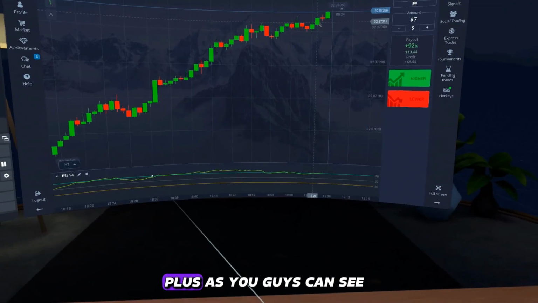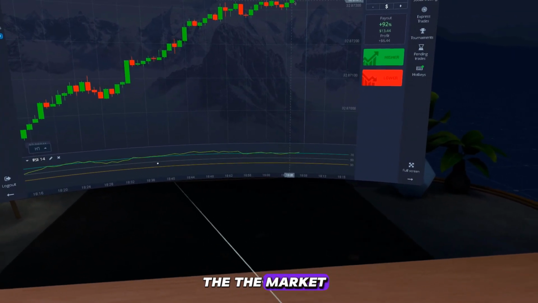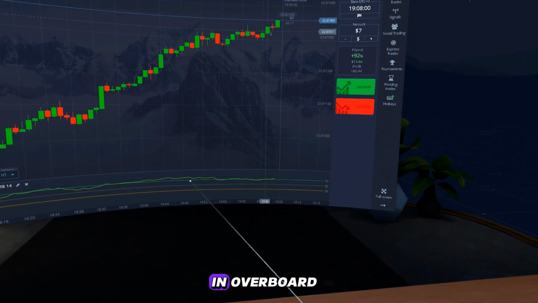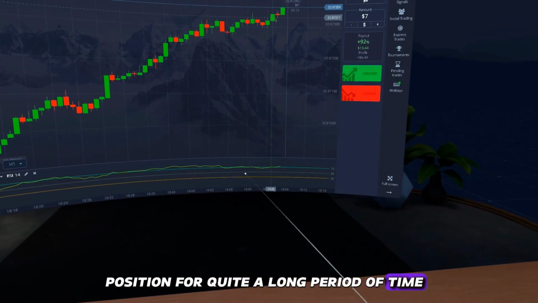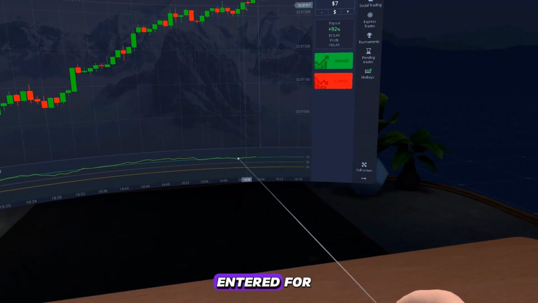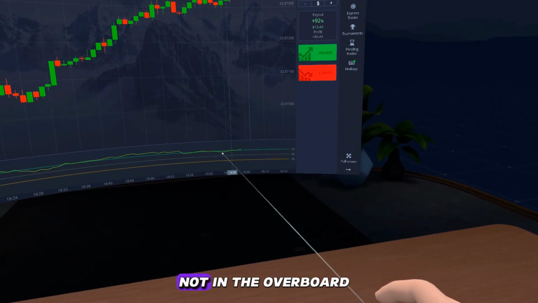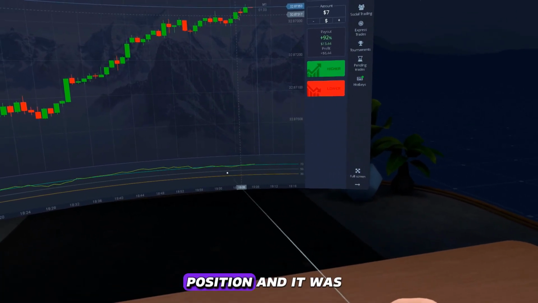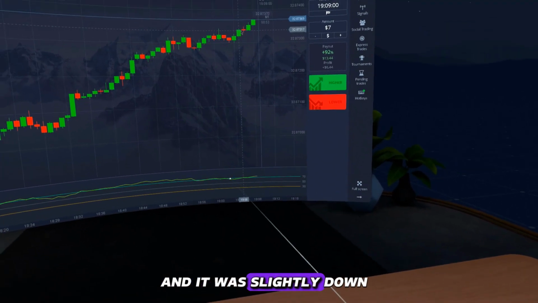Plus, as you guys can see, the RSI is also in the overbought position for quite a long period of time. So as you guys can see here, where we just entered for our up direction trade, the market was not in the overbought position, and it was slightly down.